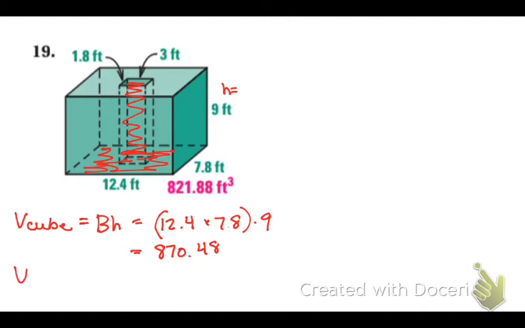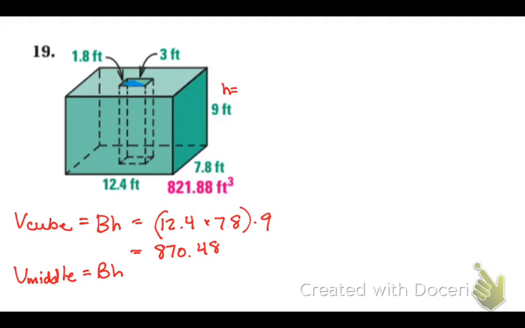So the volume of that little middle box, again, is equal to base times height. And they give you this information. We're looking for this area.